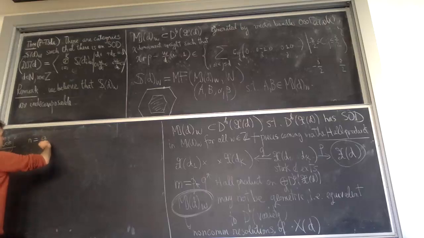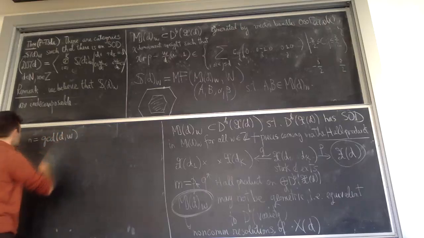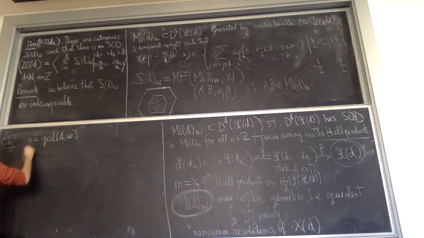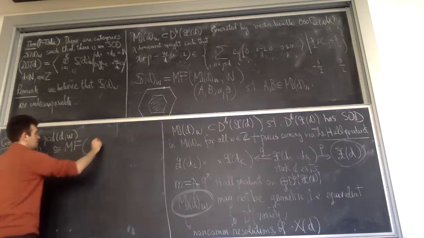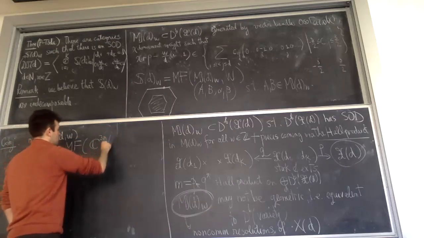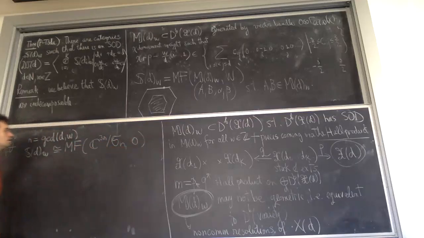So the conjecture is that if n is the greatest common divisor of d and w, then SD_W is equivalent to matrix factorizations for C^3n mod Sigma_n, with zero potential. So this will be a dimension 3 analog of Bridgeland-King-Reid-Haiman.